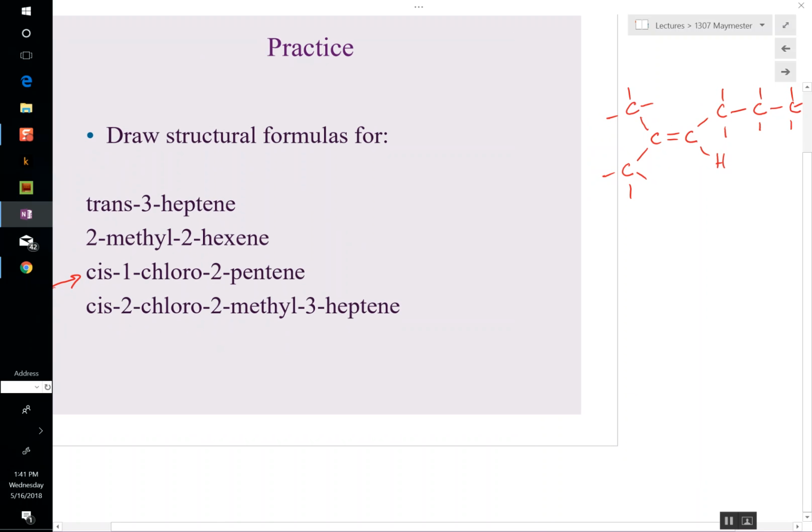So cis 1-chloro-2-pentene. I'm kind of curious how this one's going to work out myself.